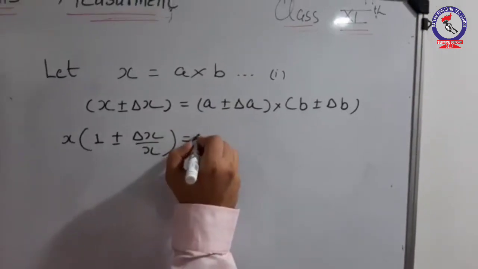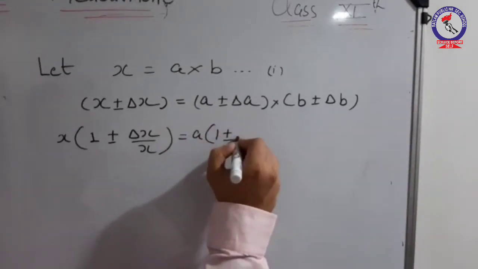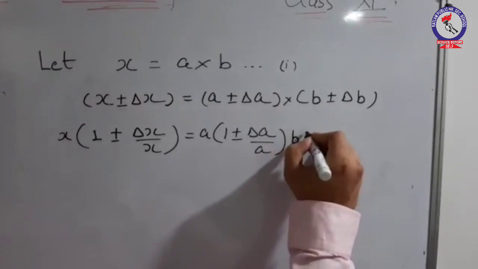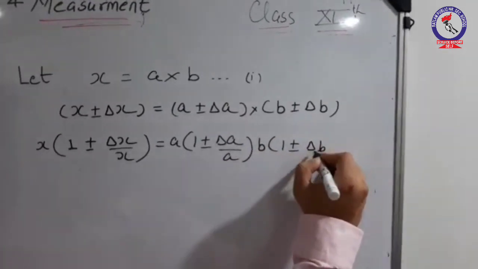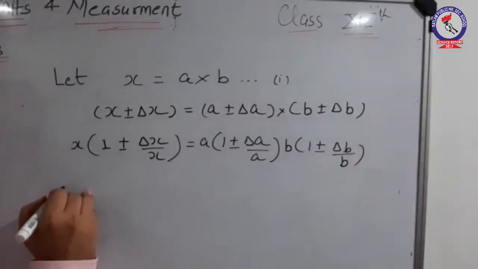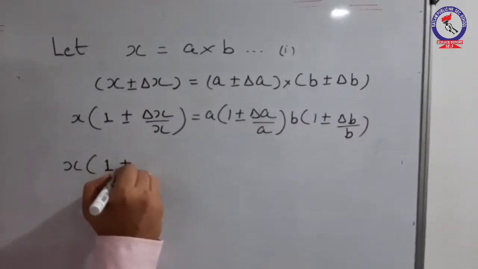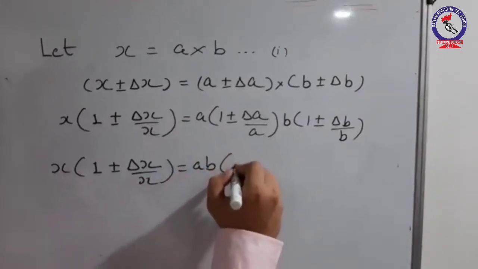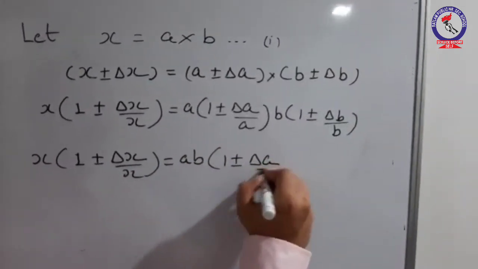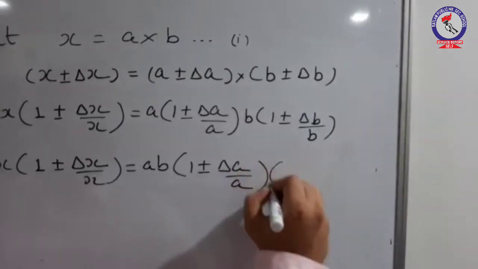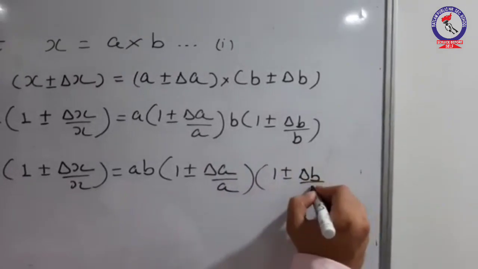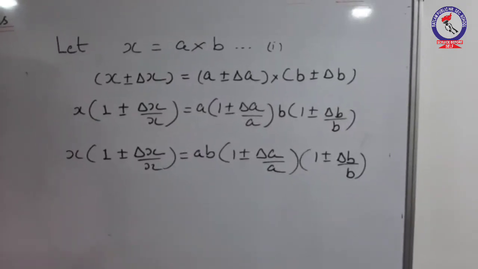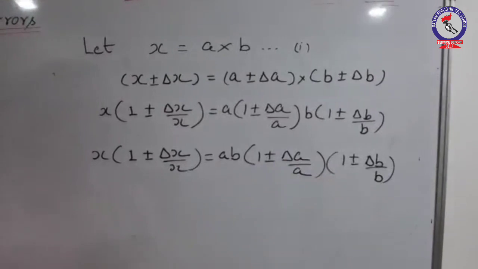taking A common from this concept, taking out B common, so as you can observe, we have just simplified this equation, and after simplification we have substituted the equation in this form.